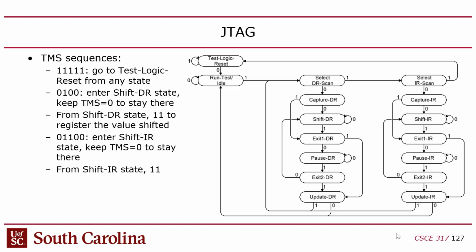Does that make sense? The shift DR and the shift IR are the states where you're shifting values in, and in order to latch them into the actual device, you have to go through an extra 2 cycles to go to this update DR or update IR state.